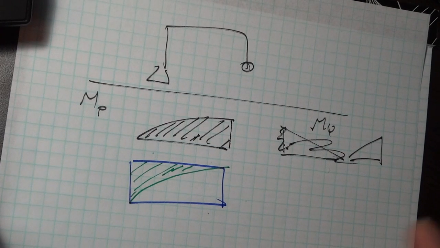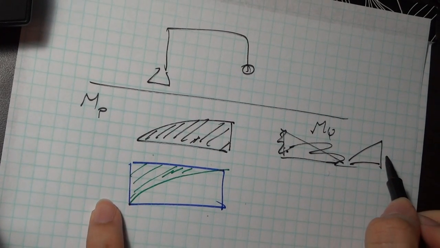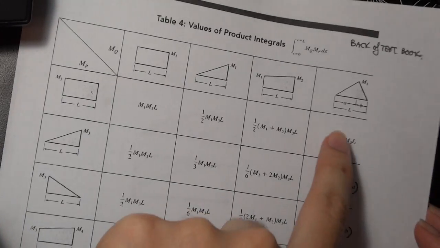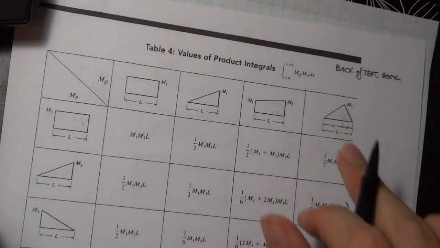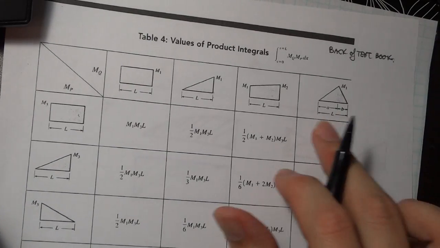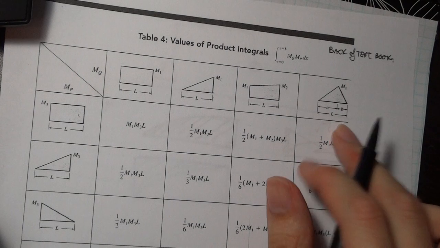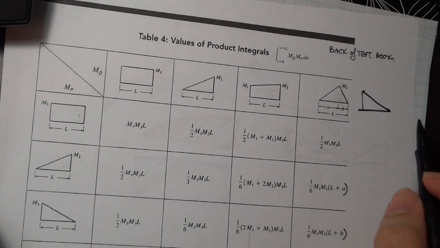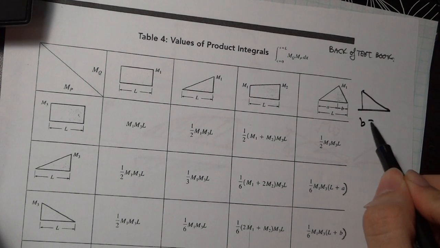Okay? So I need something where the bases don't match up. I don't have that in this column, but I can use the last column. Right? The last column is for any length A and B. So in this case, if I wanted something like this, I would just set B equal to L.